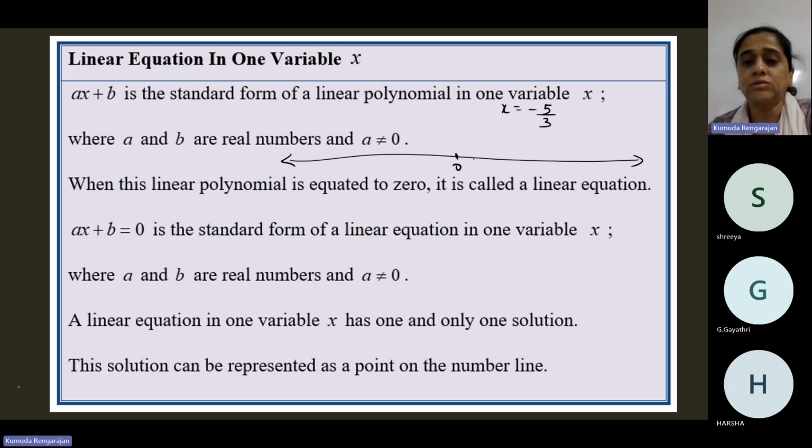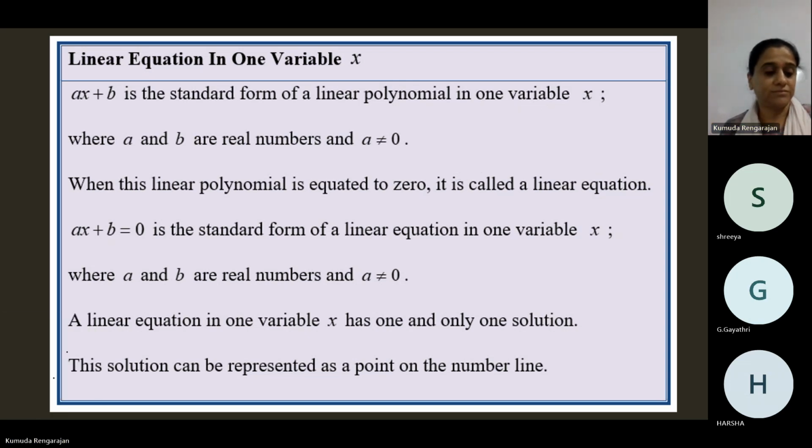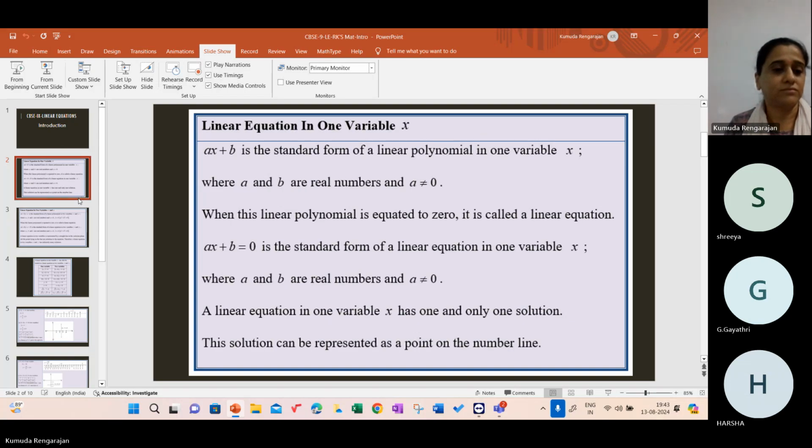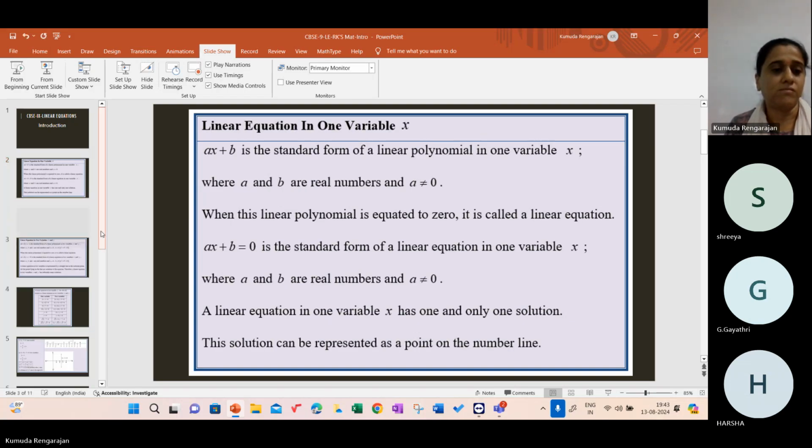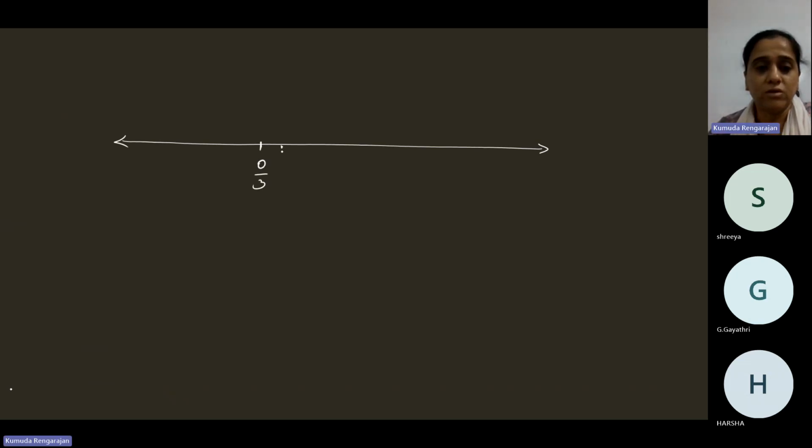Okay, 0. So here the denominator is 3, right? So we'll say 0 by 3, 1 by 3, 2 by 3, 3 by 3, which is 1, 4 by 3, 5 by 3.